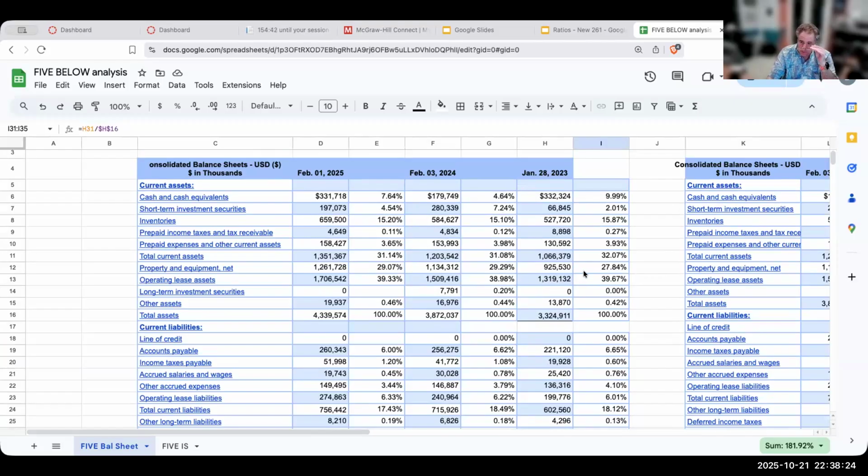What is Five Below? Well, I've been teaching financial statement analysis this fall, and I really like that class, the fall 2025 Accounting 261 class at IBC. Some of the students, I had them do Dollar General and Dollar Tree, which I think may have been a major mistake, because in some of the write-ups I got back, the students were saying they weren't in danger of getting shot, it's just that the stores looked a little bit sketchy.